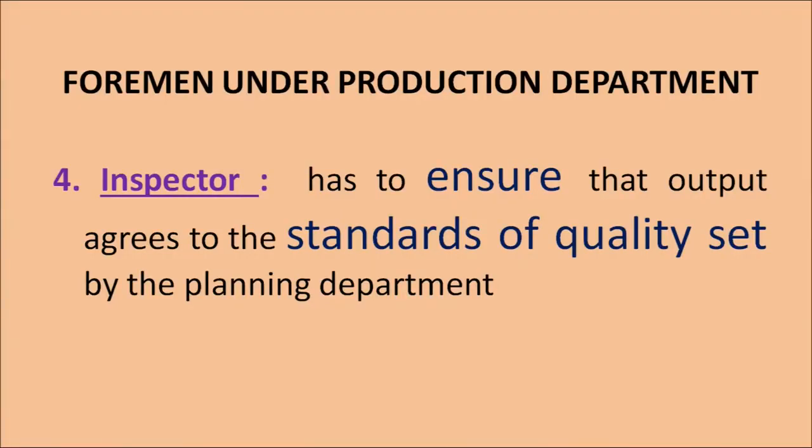And the fourth expert identified under the production department is the inspector. His role was to be sure that the final output that is produced agrees to the standard quality test. He is the one who ensures that the products are being manufactured as per the standards established.